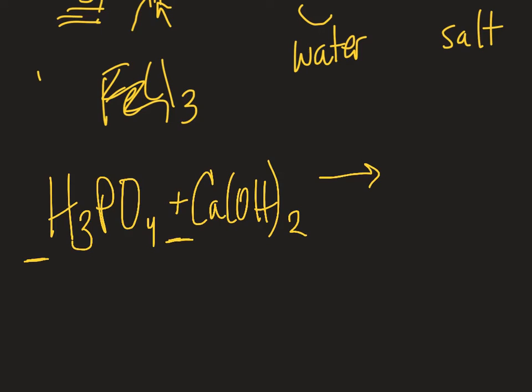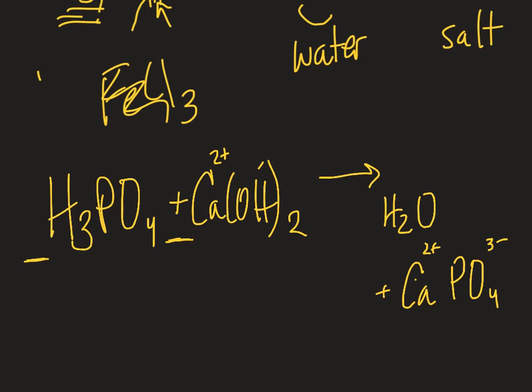You're going to need 2 coefficients to balance this equation. H2O, I still make water, and I'm still going to make a salt, calcium, Ca, and from here I could figure out or use my periodic table. If the hydroxide is -1 and there's 2 of them, calcium, which is in group 2, forms the 2 plus ion. And we know that the phosphate is 3 negative.